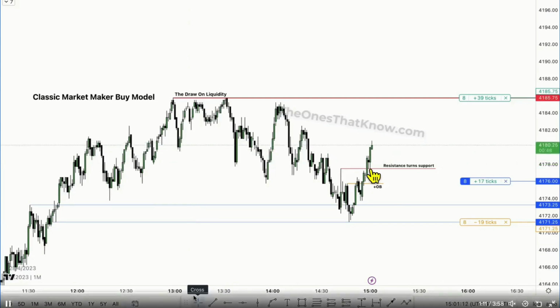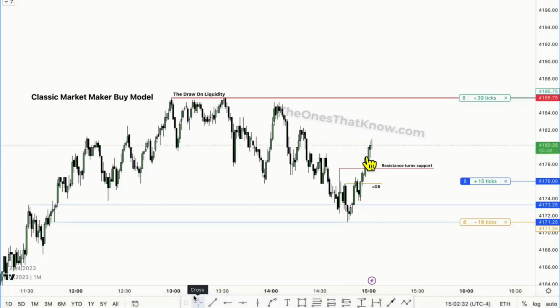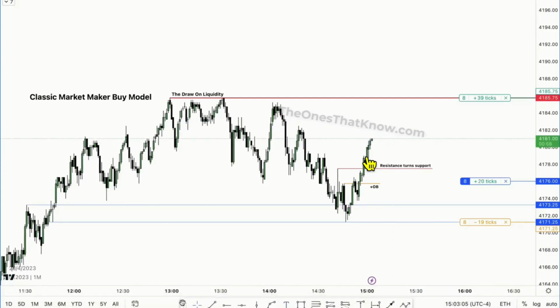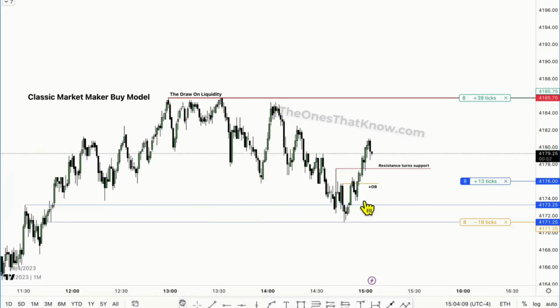And we see price begin to expand away from there, immediate rebalancing taking place right here into this candle's high. And my eye is drawn the whole time to the left side of the curve to see how it is influencing the right side of the curve.